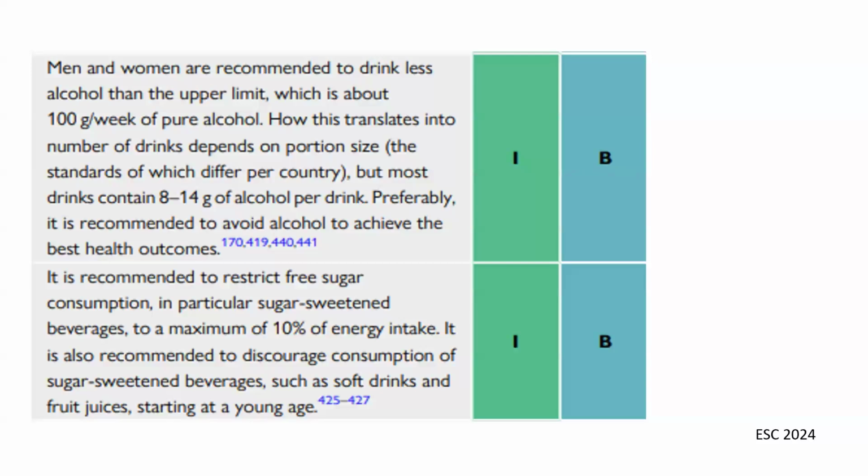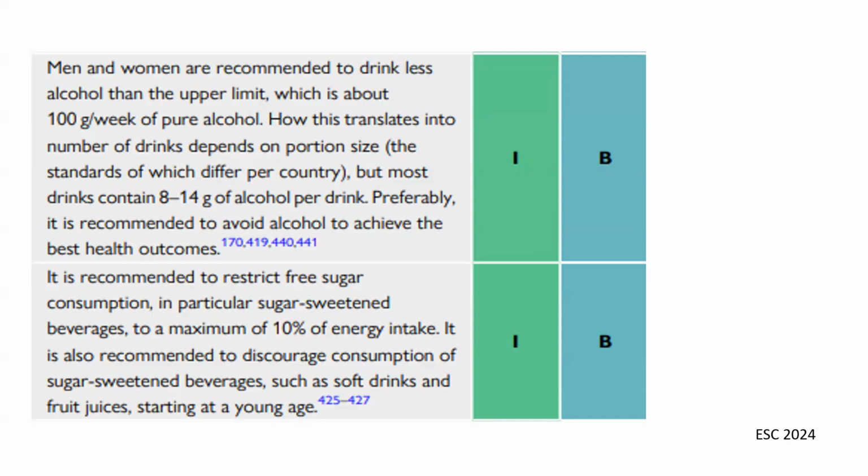But this is difficult because the standard of drinks might differ between countries. So the recent European Society of Cardiology guideline recommends a maximum of 100 grams per week of alcohol, but that's the maximum, and the best result is obtained by avoiding alcohol altogether.